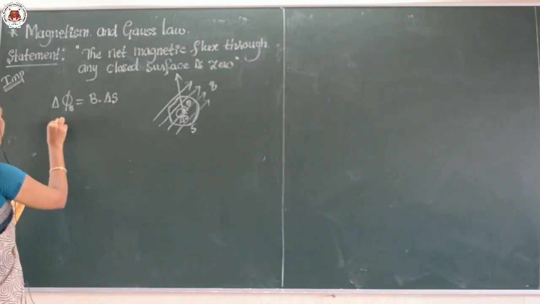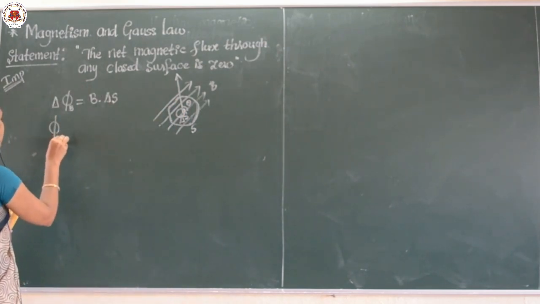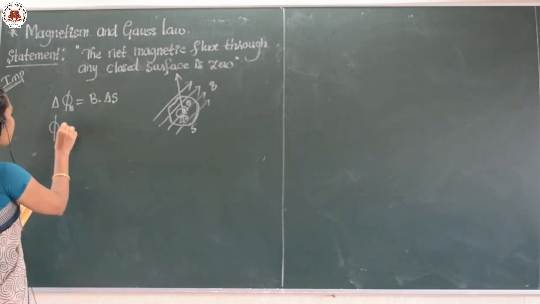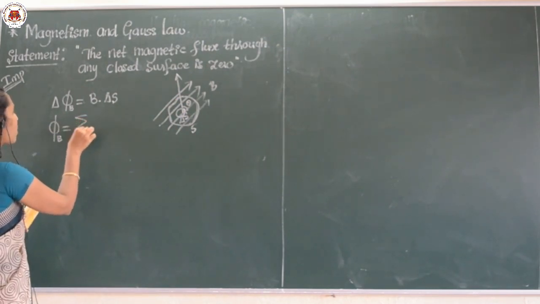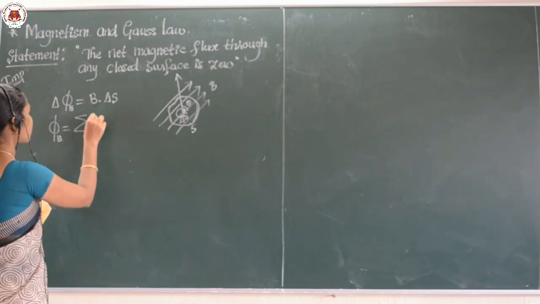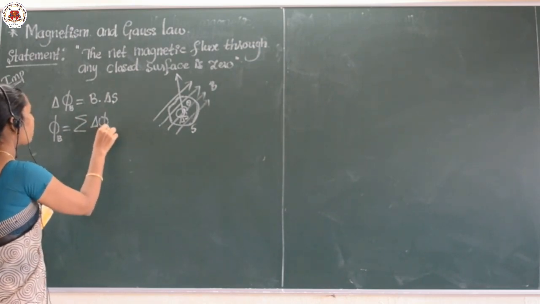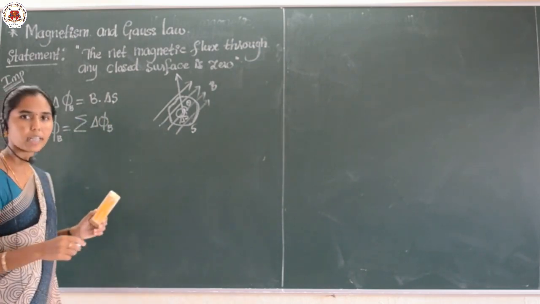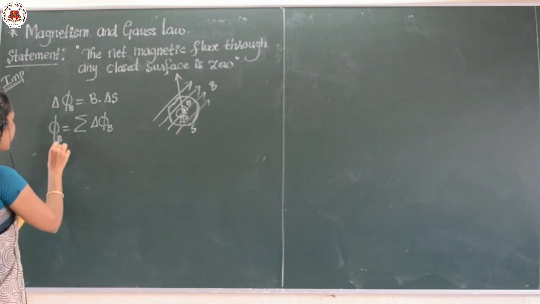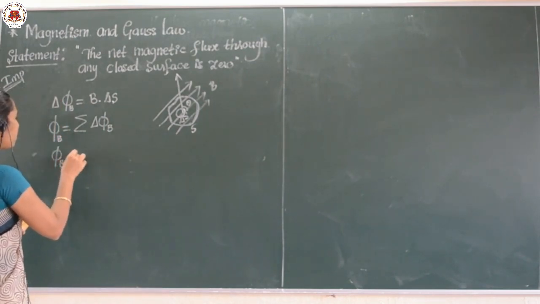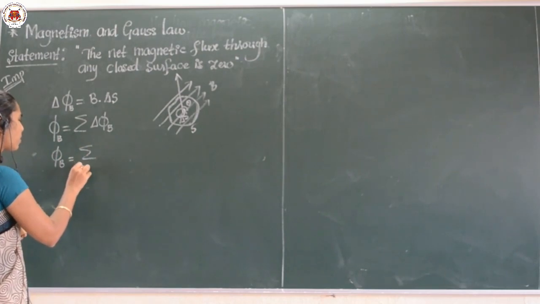The total magnetic flux through the closed surface, phi B, is equal to the summation of delta phi B. That is nothing but the summation over all the surface.